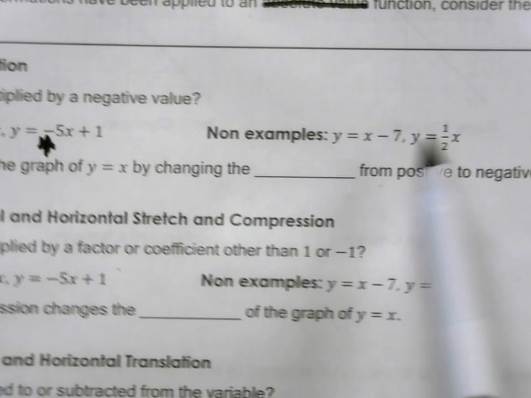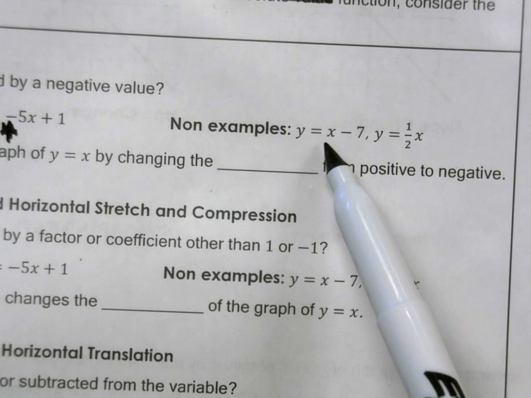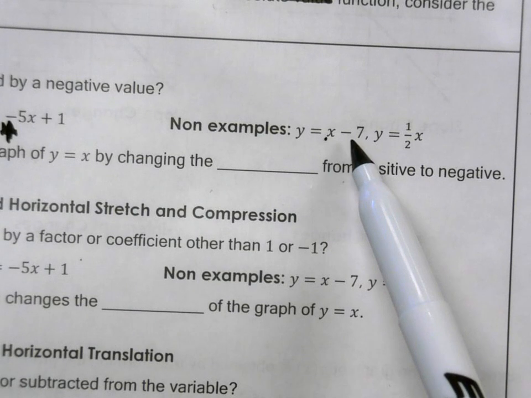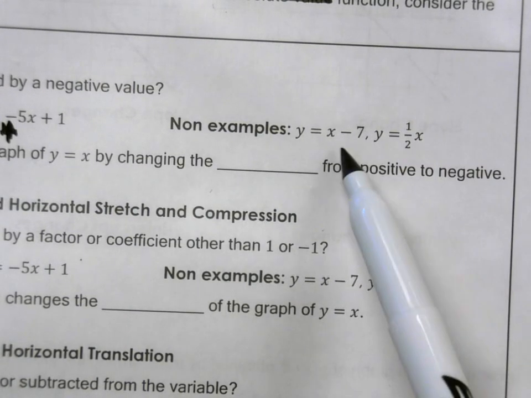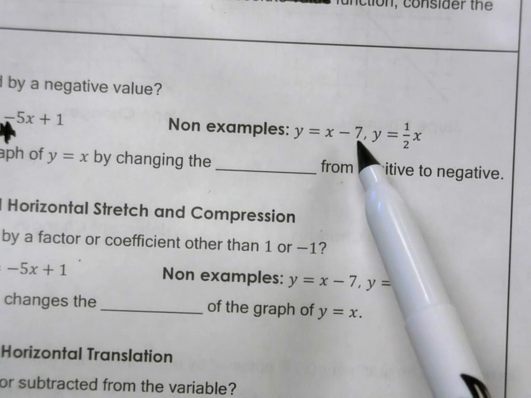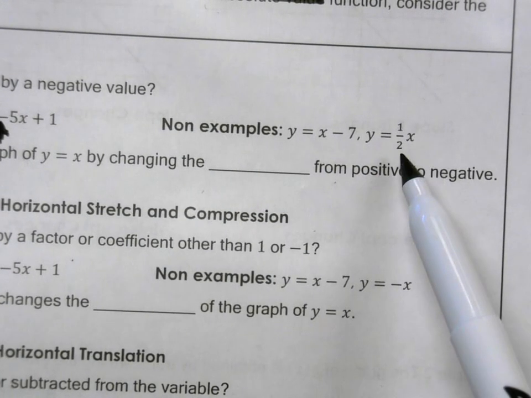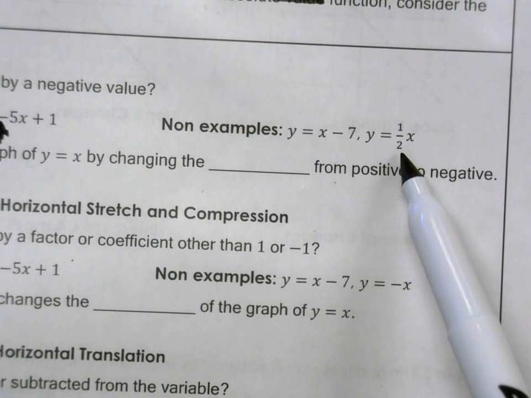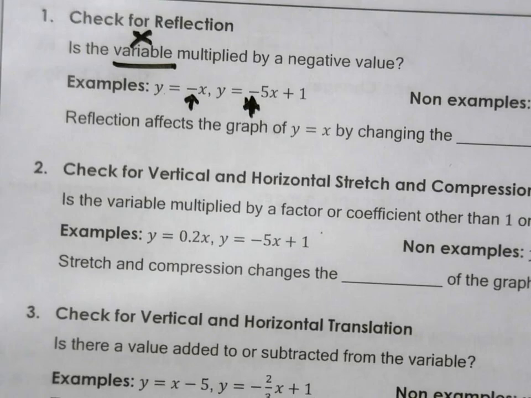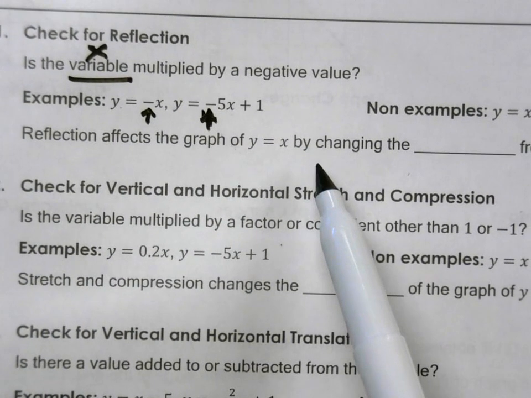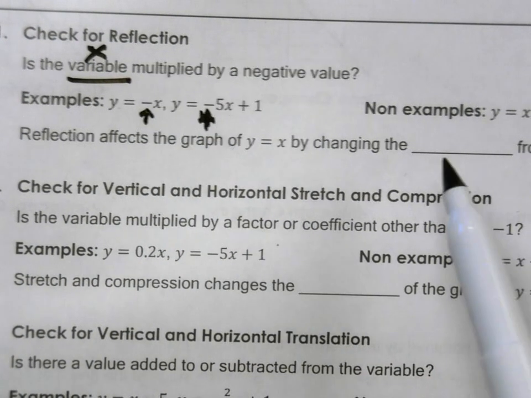So over here in the non-examples, this is y equals x minus 7. This minus 7 is not a negative being multiplied. That's being subtracted. And right here we've got y equals 1/2 x. So this 1/2 is also not a negative. So reflection only occurs when there's a negative being multiplied.